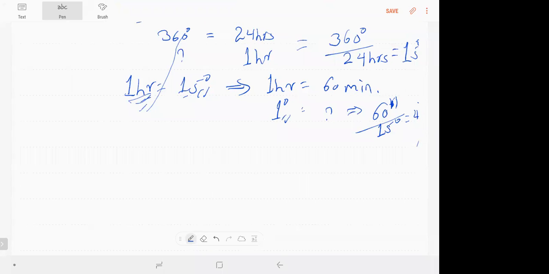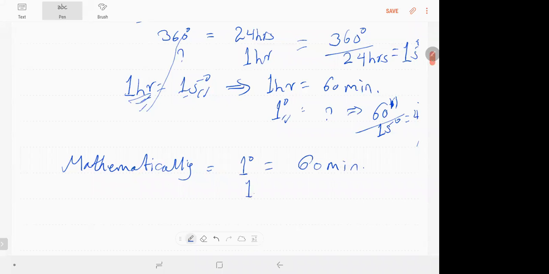In mathematical equivalent, mathematically, 1 degree is equal to 60 minutes. Okay, this is the mathematical equivalent. And 1 minute is equal to 60 seconds.